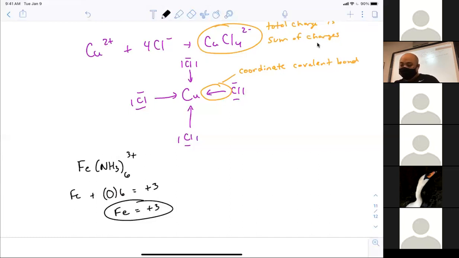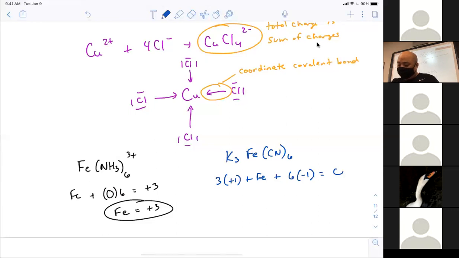Now they can try to make it more complicated, like K3Fe(CN)6 or something like this. But again, potassium is +1, plus Fe, and CN is actually -1, so 6 times -1, and then Fe still has to be +3 here.